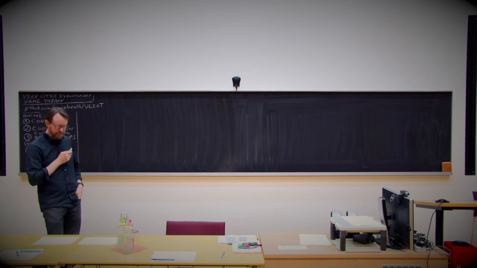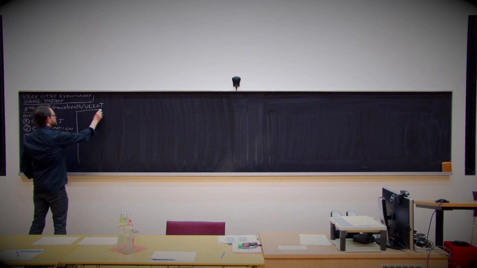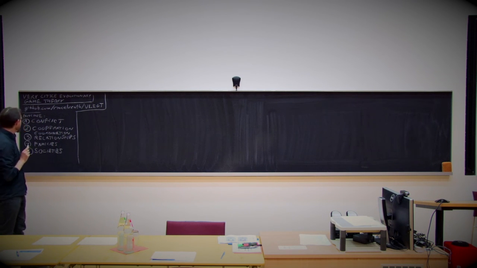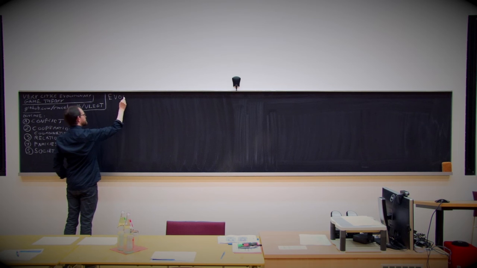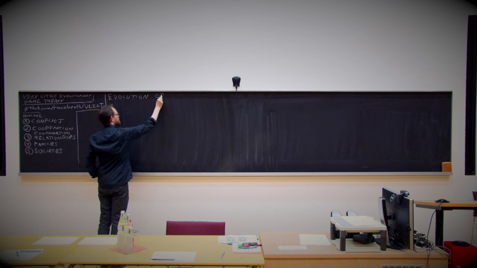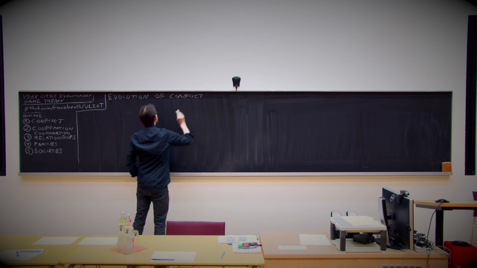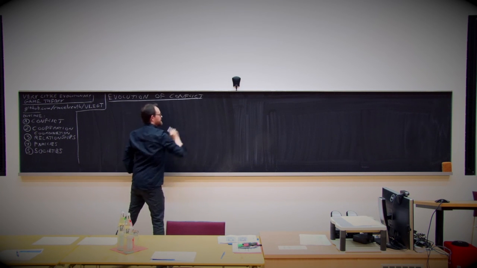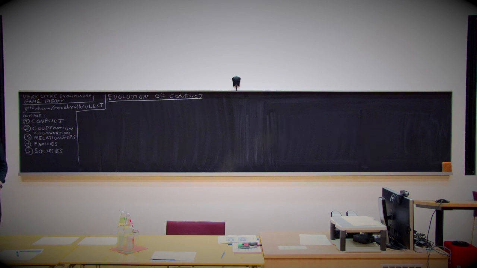Okay, so for this first lecture, we're going to start with the evolution of conflict. Let me write this up here. This gives us a chance to build a really basic game theoretic model so you can see in a stylistic sense what game theoretic models are like.